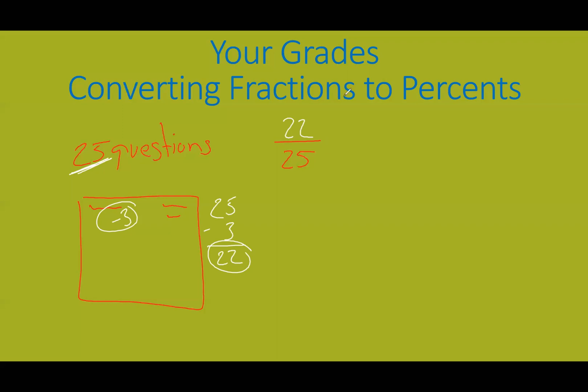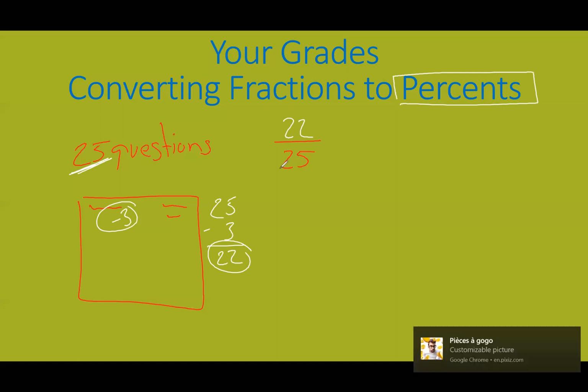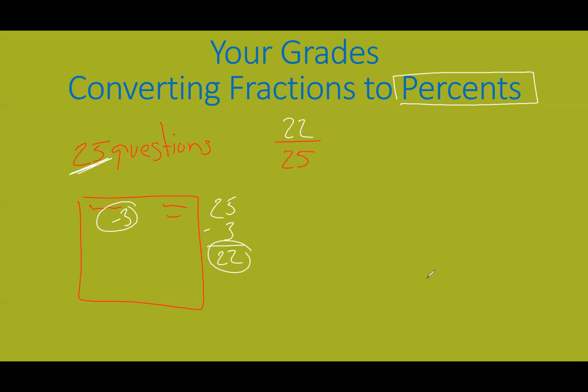So there are two ways that we can convert this to a percent. And the easiest way is to take a look here at your denominator. Can your denominator be easily turned into 100? 25 to 100?